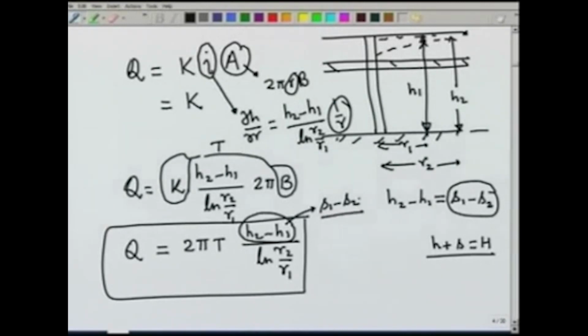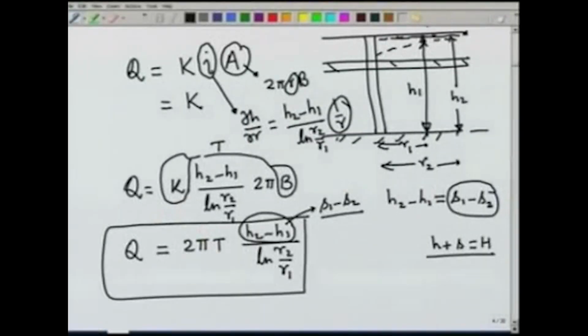S1 and S2, they are easy to measure because we know the initial water level or the piezometric head level in this case, and the final piezometric head level. The difference between those two will be the drawdown S. So, this gives us a method of estimating T.